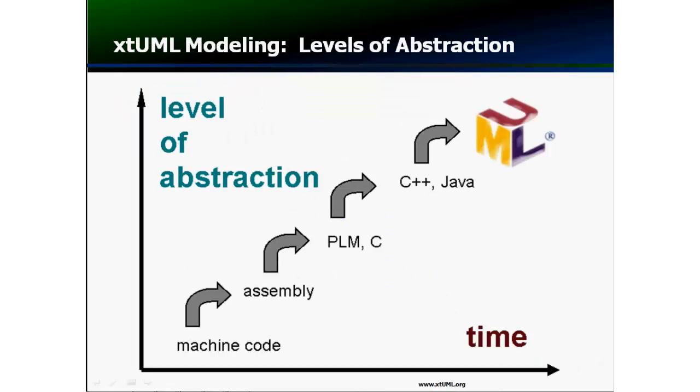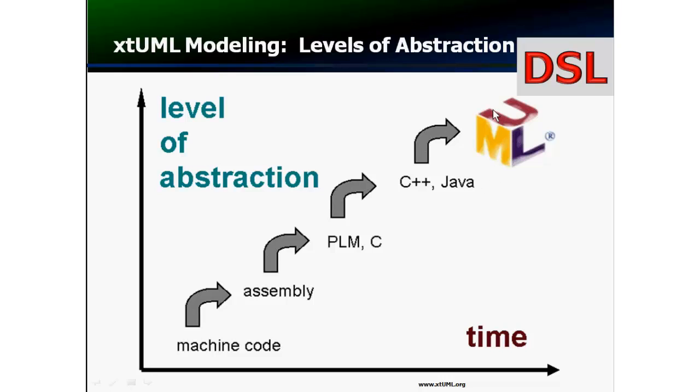Through the years, various forms of modeling have raised the level of abstraction in which we model our designs and programs. In early years, we programmed in machine code and assembly, and over time, new languages emerged that raised the level of abstraction, including in recent years executable UML, which represents another step up the staircase of levels of abstraction, getting us closer and closer to working at the idea or concept level.